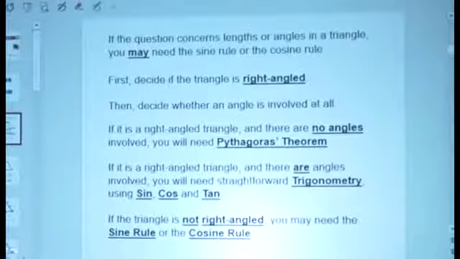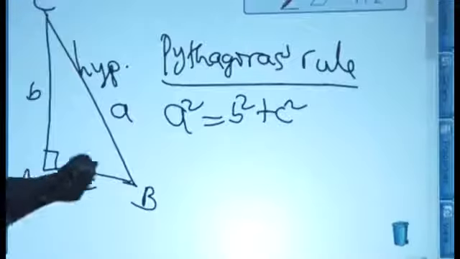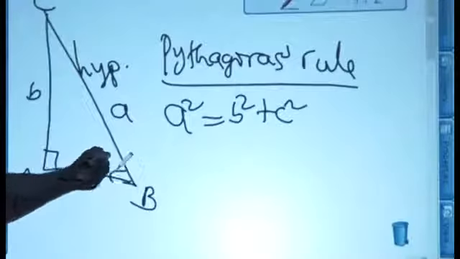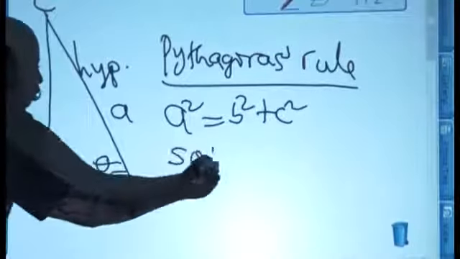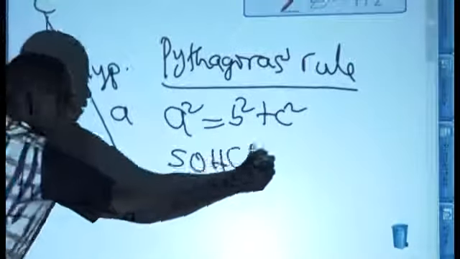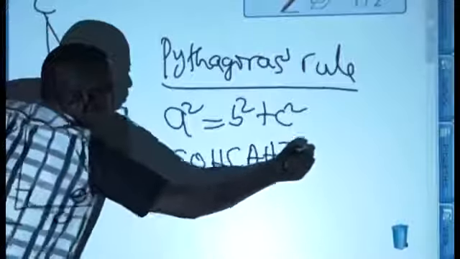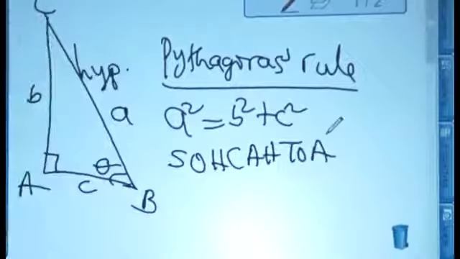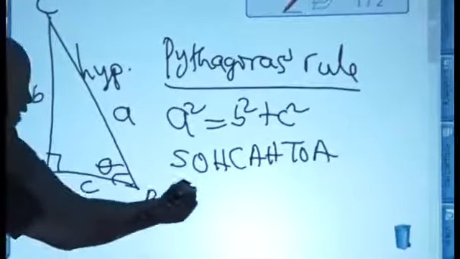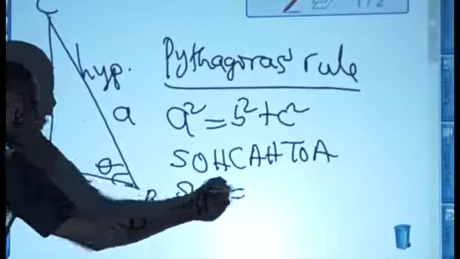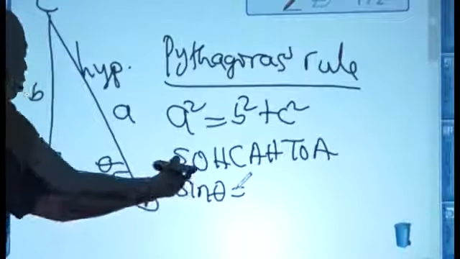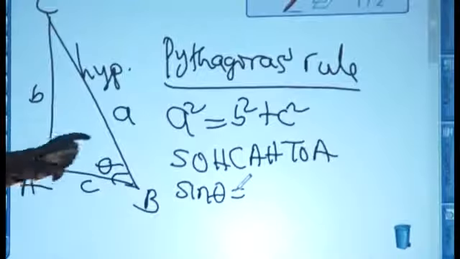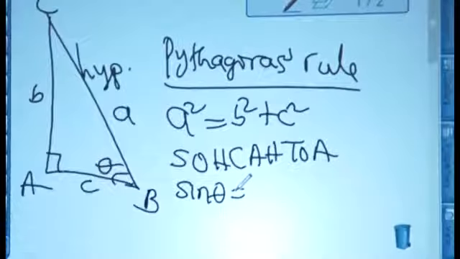And that is, if an angle is at this place, theta, you will need what we call SOH CAH TOA. That is, sine theta equals opposite over hypotenuse.